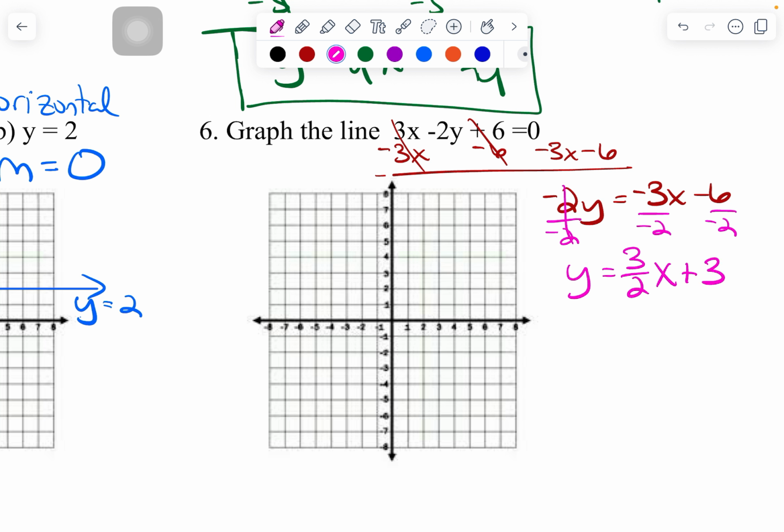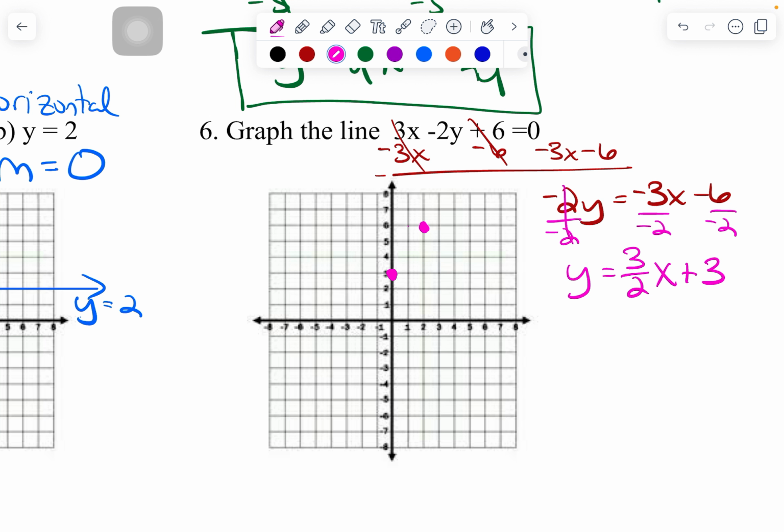And I'm going to go ahead and graph that. So y-intercept is positive 3. And then from that y-intercept, I'm going to count up 1, 2, 3 up, and 2 to the right. If I try to do that again, I'm going to go off the graph. So 1, 2, I'm off the graph, so I'm not going to do that. But instead of going up and to the right, I can count down and to the left.